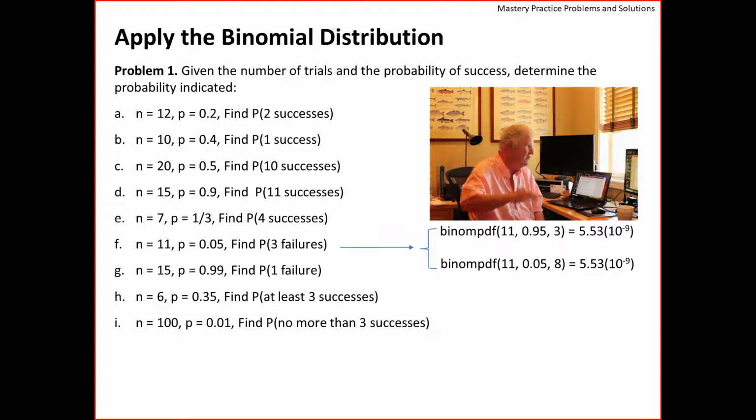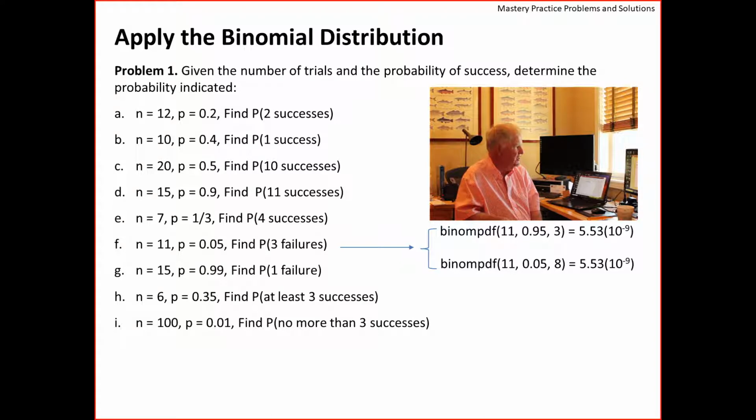A second way to do it kind of lets you see things a little bit more deeply. It says 11 trials, probability of success 0.05, 3 failures. Well, you know what? If you had 3 failures in 11 trials, you must have had 8 successes.